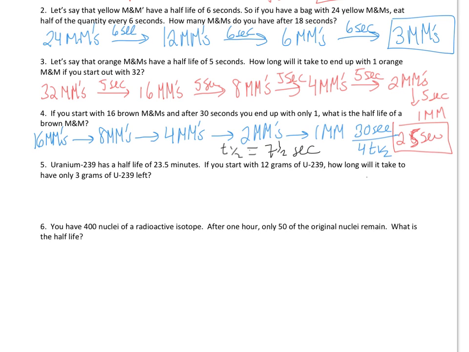So we start out with 12 grams of uranium. After the first half-life, which is 23.5 minutes, oh, it's kind of hard to read, we'd be left with half the quantity, which would be 6 grams.